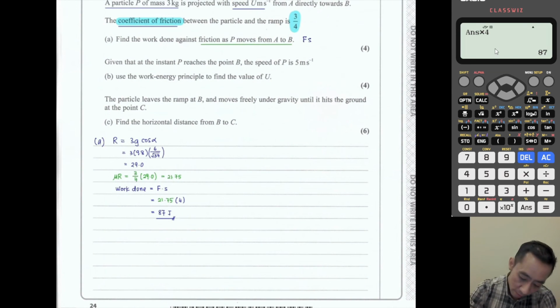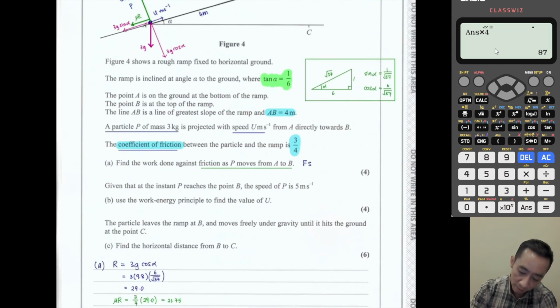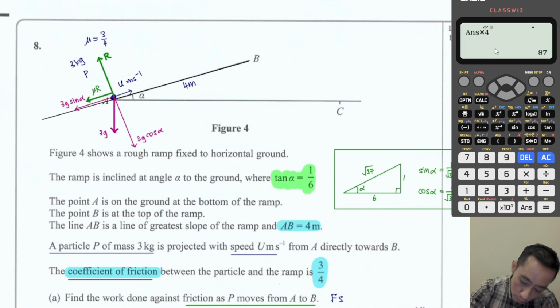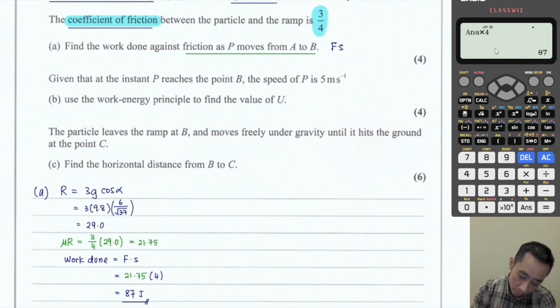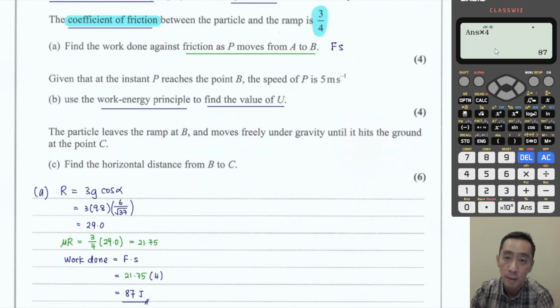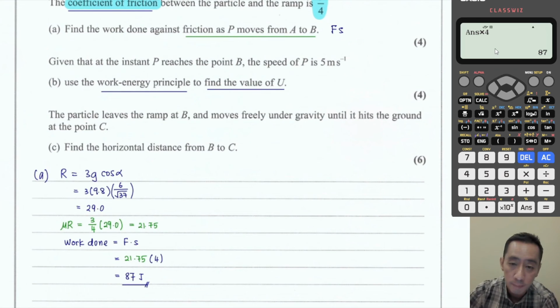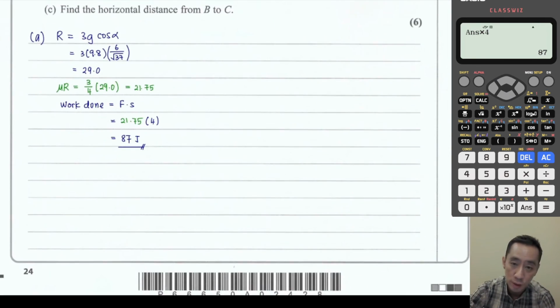Now, given that the instant P reaches the point B, the speed is 5 ms^-1. So at point B, when the particle is here, 5 ms^-1. Then we are asked to find the value of u by using the work energy principle. So now what am I going to do here? I need to find the energy.